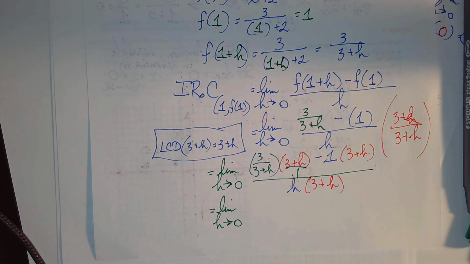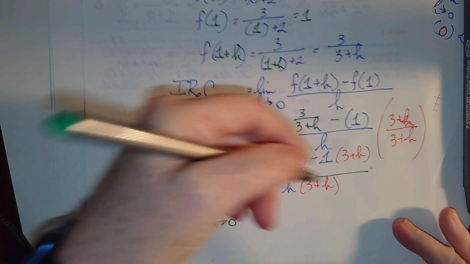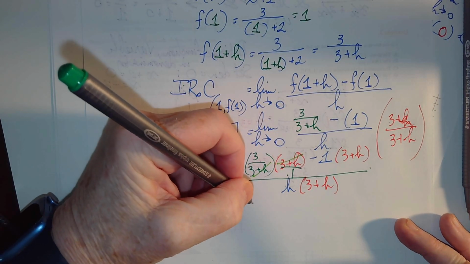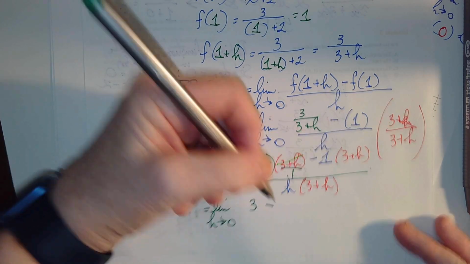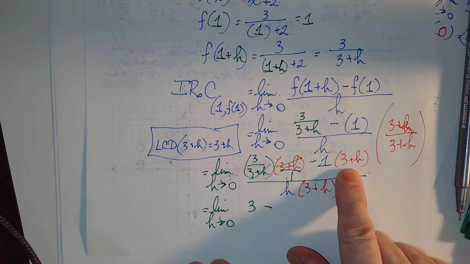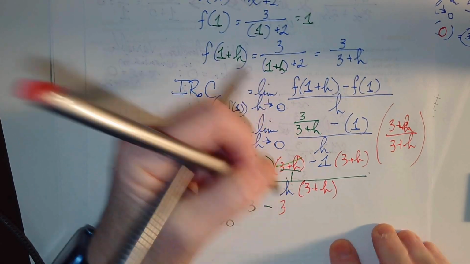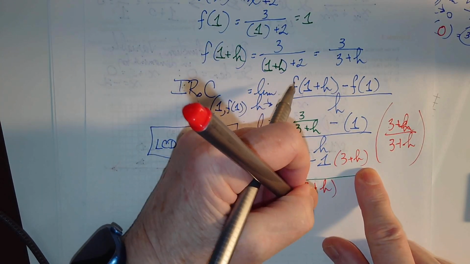Well, naturally, those divide out. So in the first part here, I just have 3. And now I've got negative 1 times 3, that's negative 3. And negative 1 times h, that's negative h.